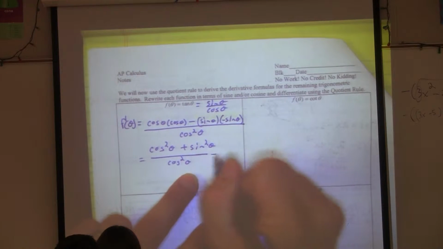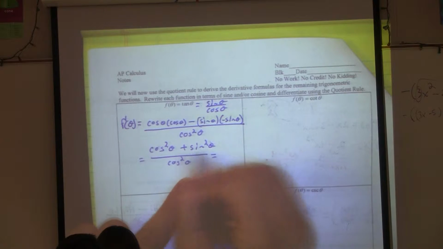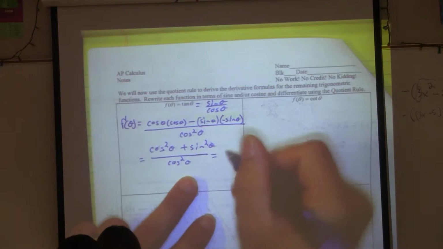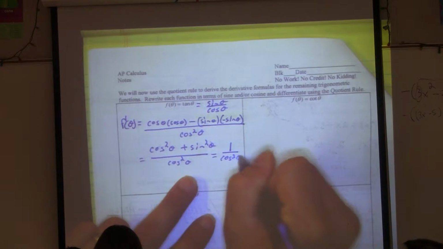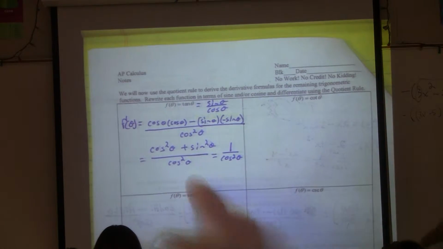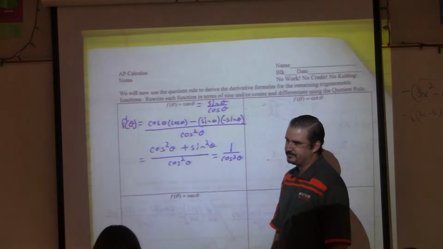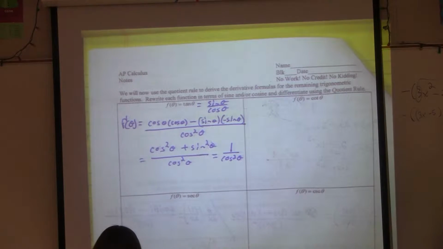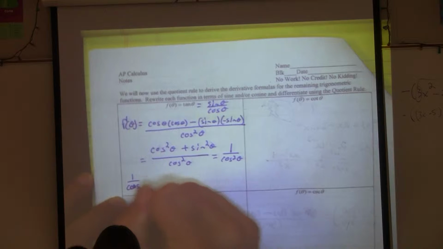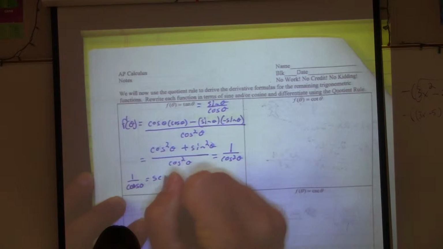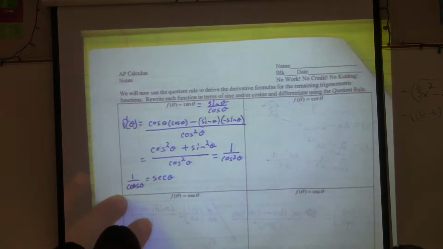Okay, but is this a particular identity that we should know from pre-cal? Cosine squared plus sine squared is equal to 1, over cosine squared theta. And we should know that 1 over cosine is equal to the one that starts with the other letter, secant.